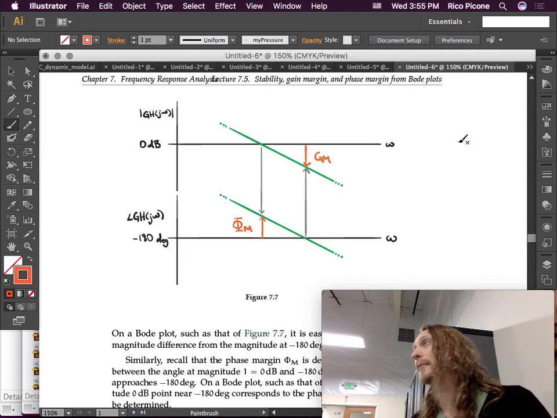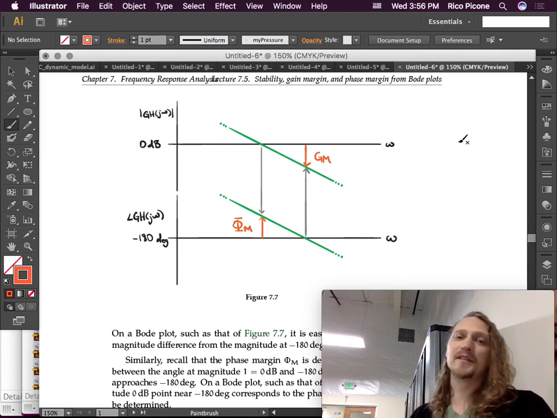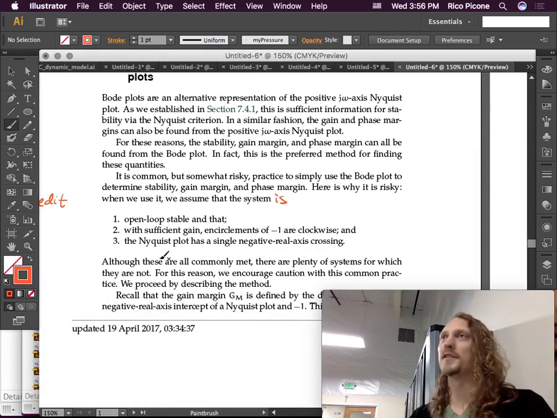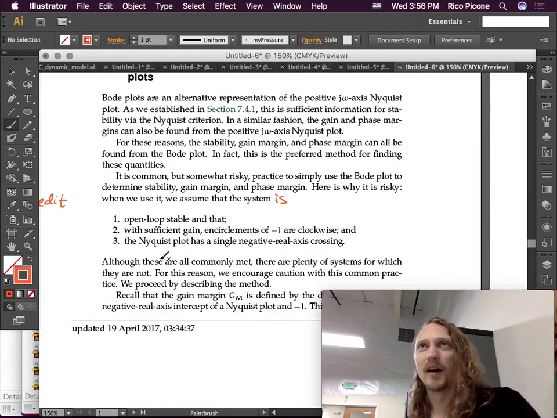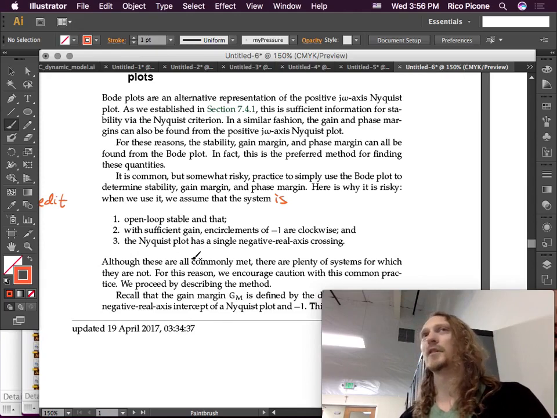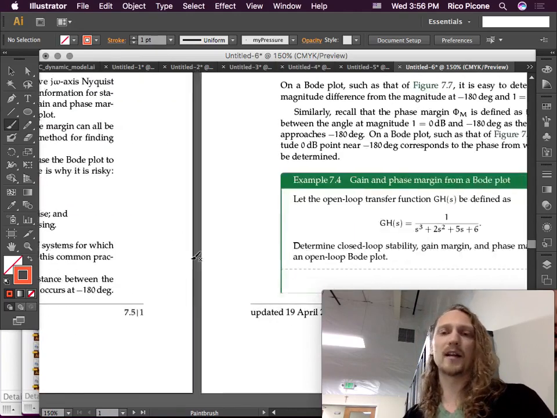But MATLAB is not going to tell you if that means it's actually stable or not. It's basing that on the assumptions that we made on this previous page. These are the gain and phase margins of your Bode plot, assuming that these hold. So you have to be the one to check that. MATLAB won't do it. At least I don't know of any way that MATLAB checks that.